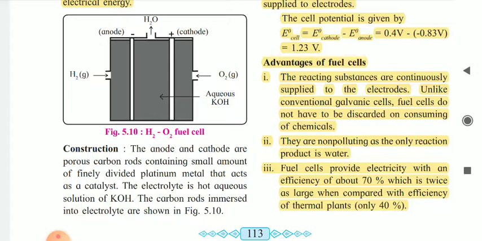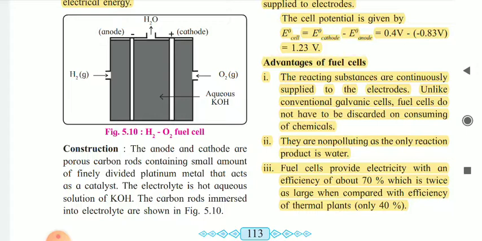Students, the electrolyte is a hot aqueous solution of KOH. You will notice here the electrolyte which we are using is nothing but the hot aqueous solution of KOH. Carbon rods immersed into the electrolyte are shown in the figure.